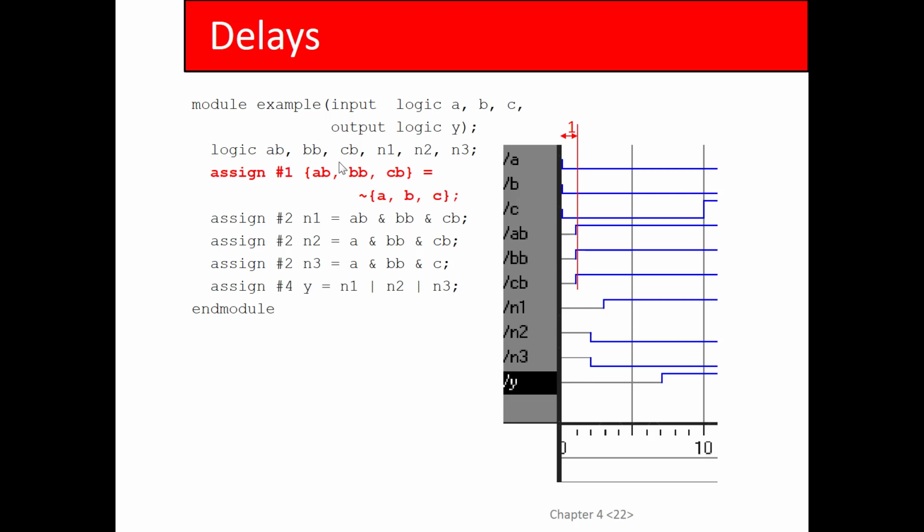Notice you've got the curly braces here, but in this case they're used on the left-hand side of an assignment, which is actually the first time I've shown that. So I'm assigning all 3 of these as one concatenated signal.